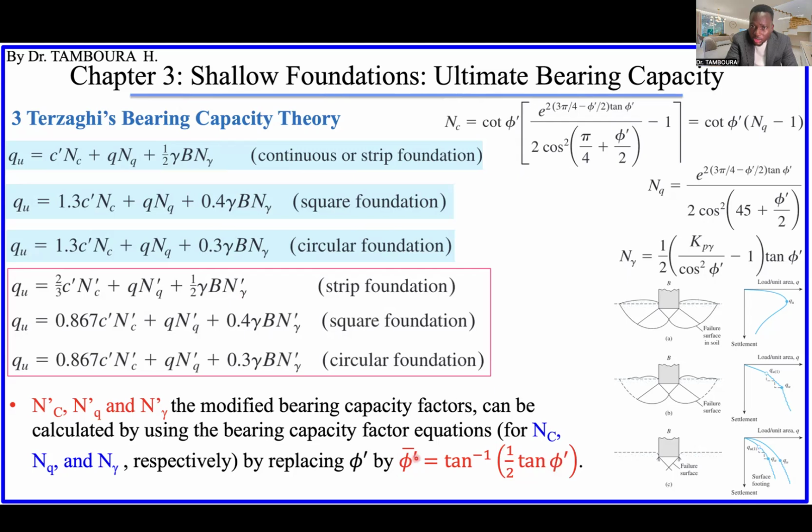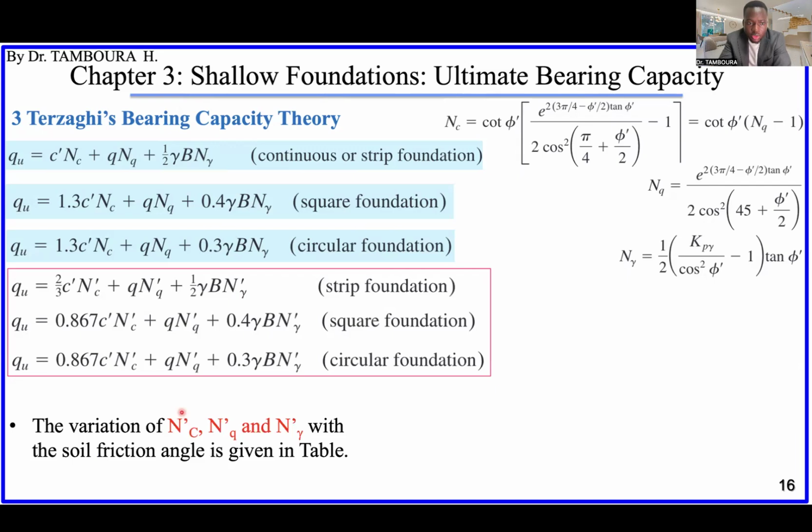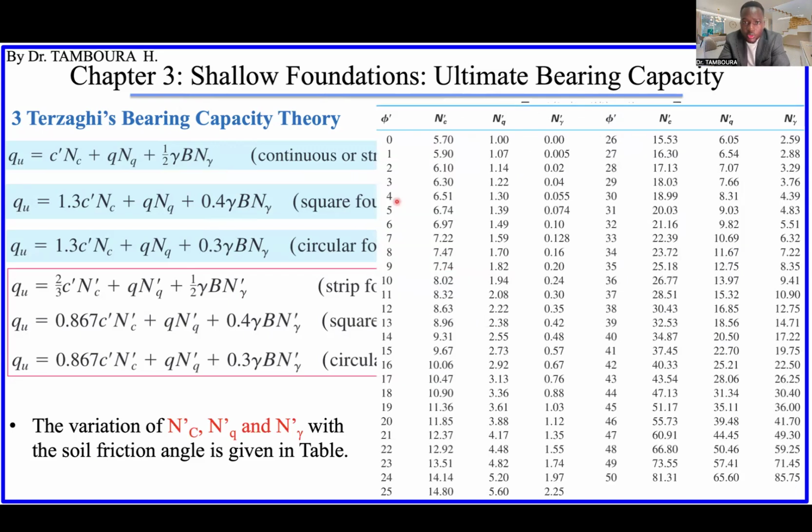Then you can replace this in these equations and calculate NC prime, NQ prime, and N gamma prime. So we have here this table showing NC prime, NQ prime, and N gamma prime, from phi prime from 0 to 50.